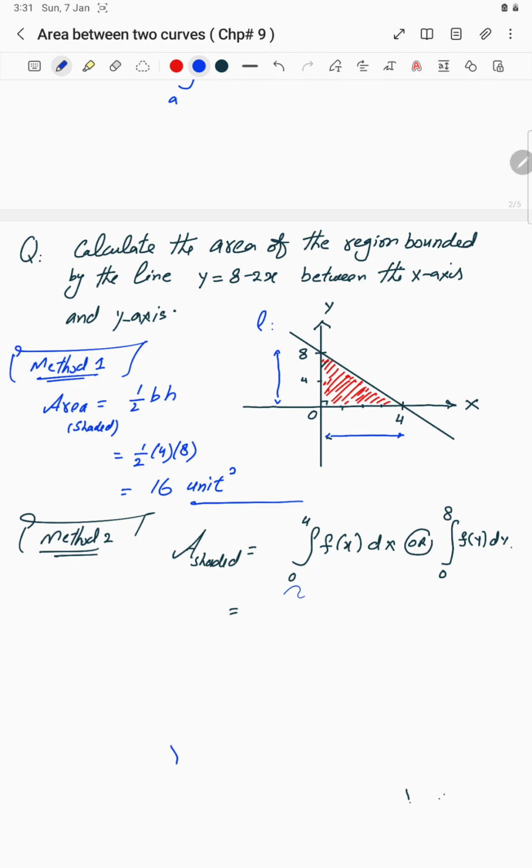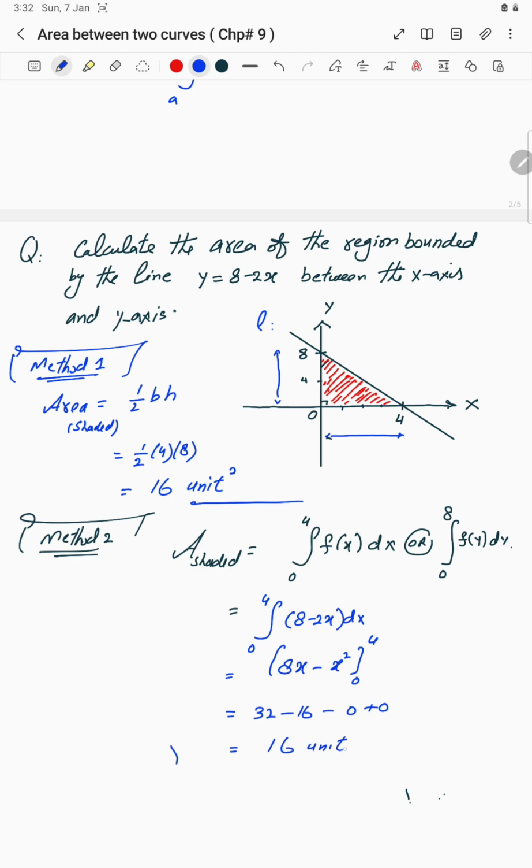So here along the x-axis, taking it 0 to 4, f of x is 8 minus 2x d of x. By the definition of integration, the rule we apply here, we will get 32 minus 16 minus 0 plus 0, that is 16 as well.